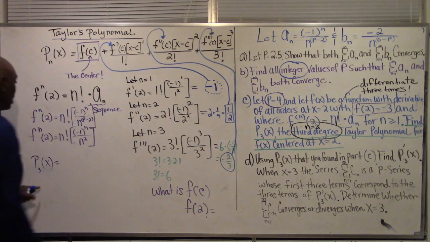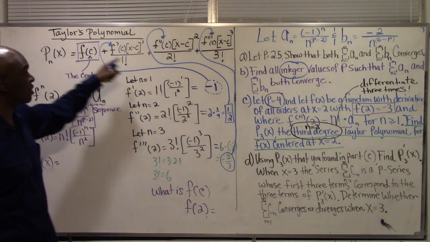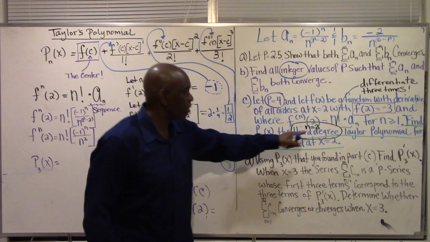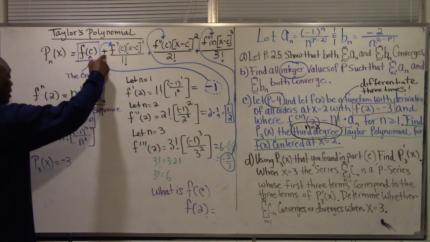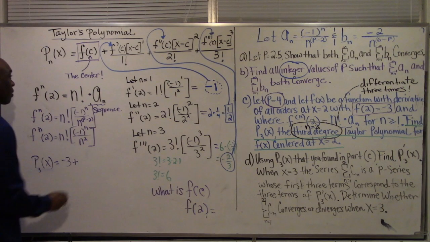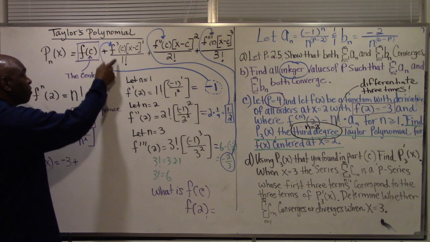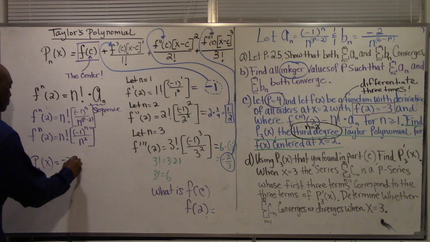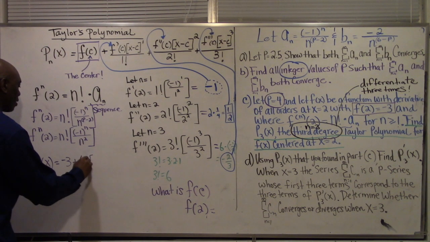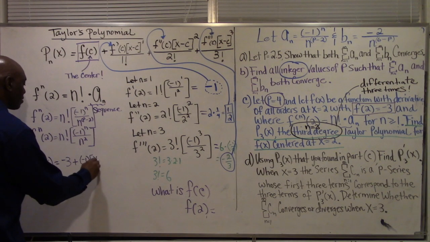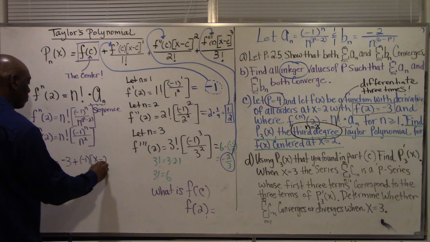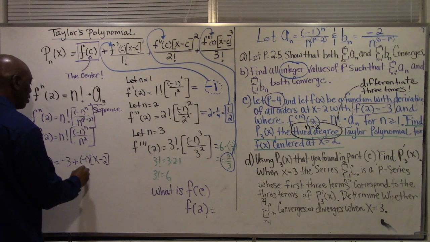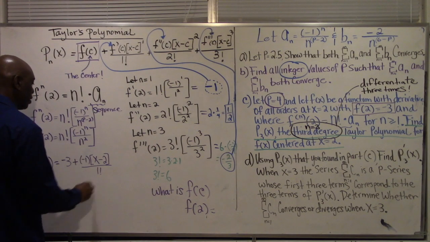All right, let's put it all together now. Since f of c is negative 3, we're going to have negative 3, plus, what is f prime of c? Negative 1 times x minus, and what is c? The center is 2, all over 1 factorial.